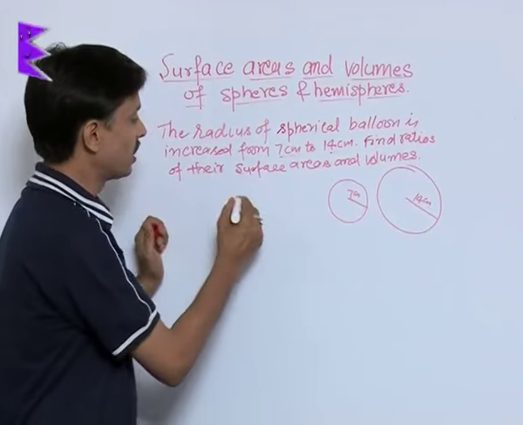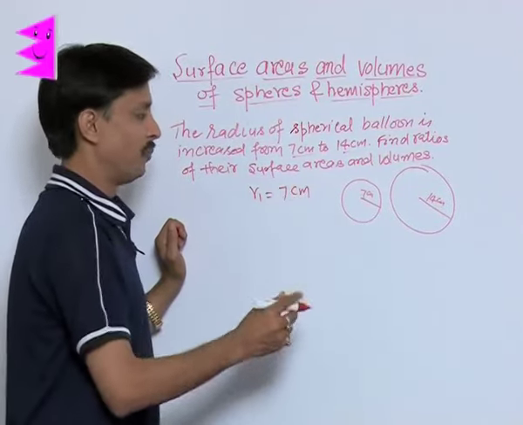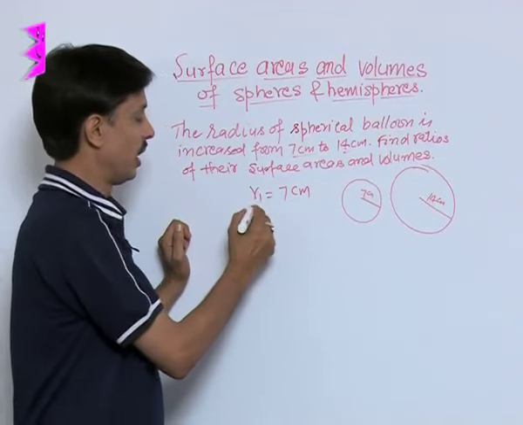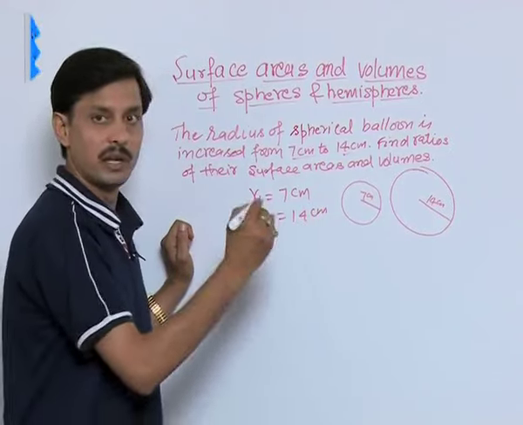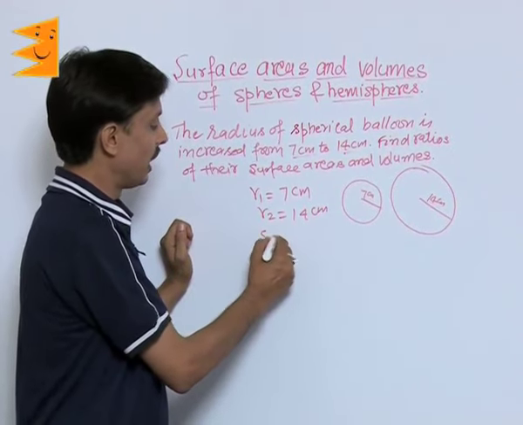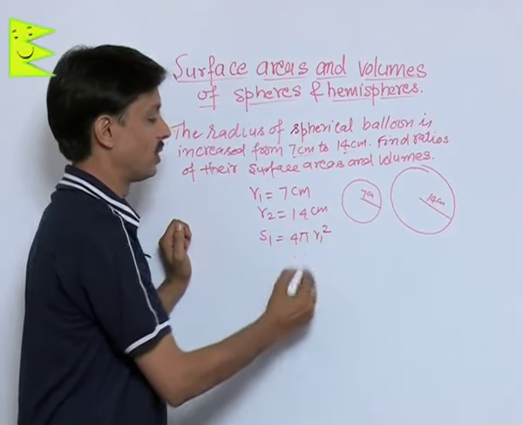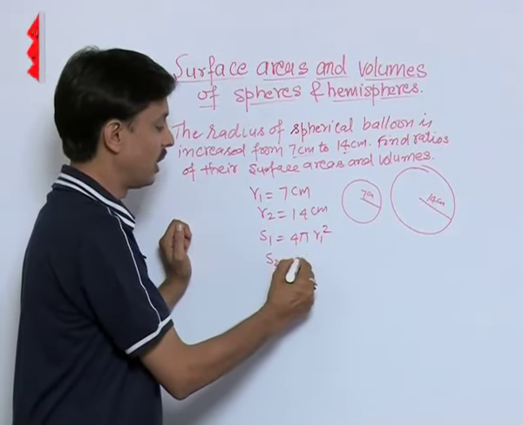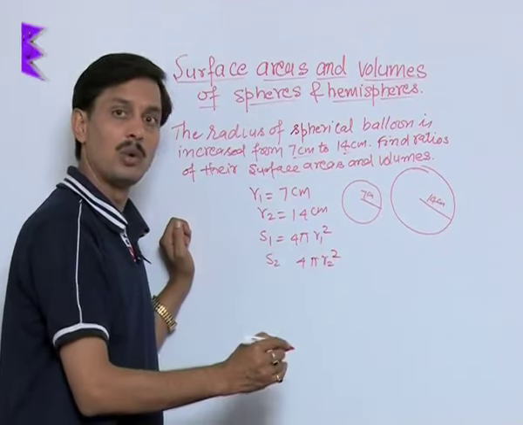The radius in the first case I am writing as R1, that is 7 centimeter, and in the second case it is 14 centimeter. Surface area in the first case will be 4 pi R1 square and surface area in the second case will be 4 pi R2 square.